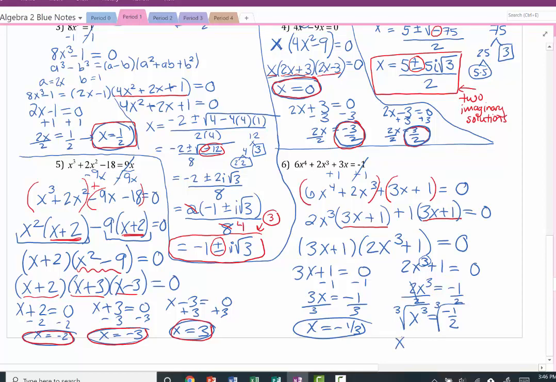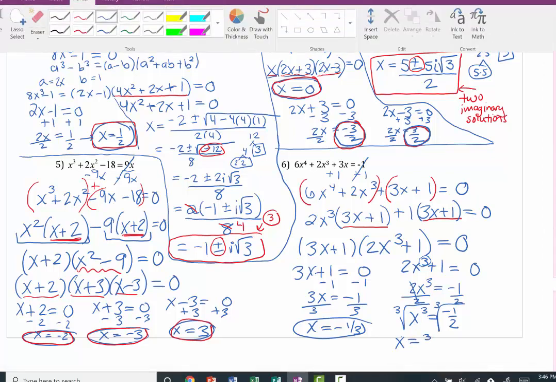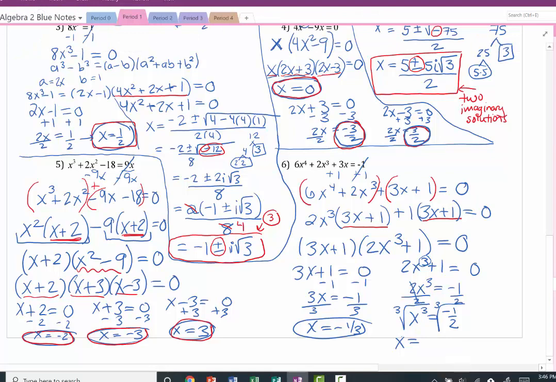And you can't really simplify it that much other than to just pull the negative out in front, because there is no perfect cube root of 2. So I'll just pull the negative out in front, and I'll think of that as just the cube root of 1/2. With a calculator, I can get a decimal value for this number. It's a real number. You can have negatives underneath cube roots, right? Just not underneath square roots.